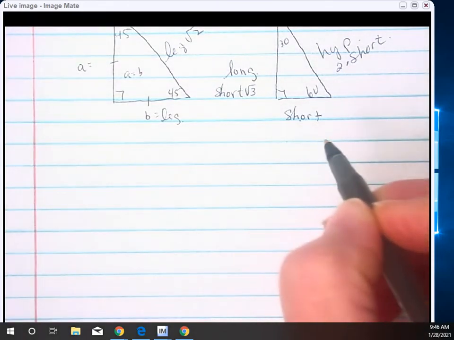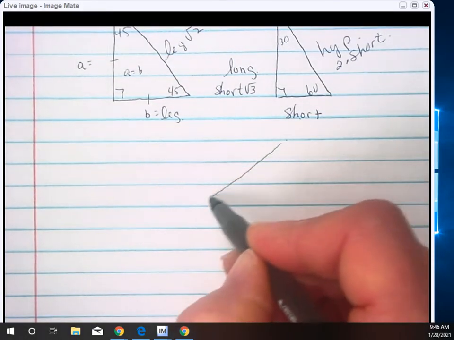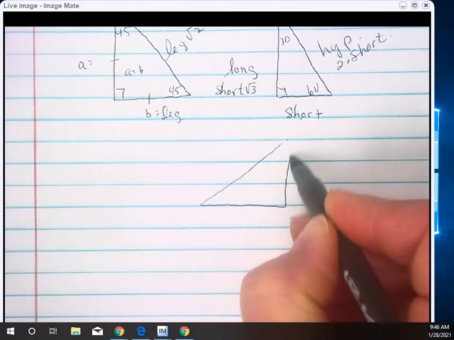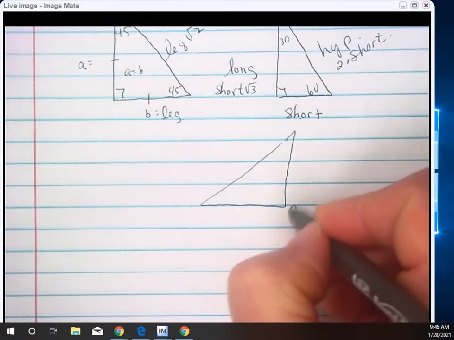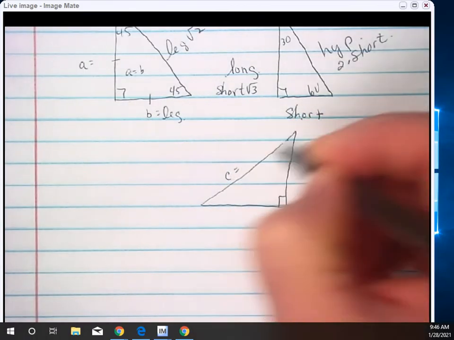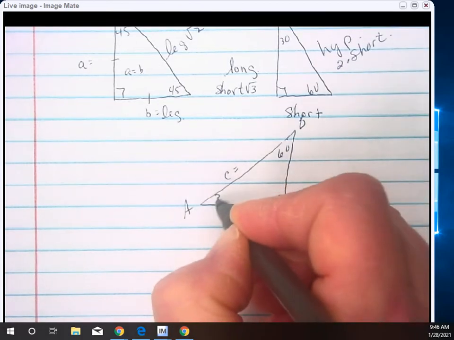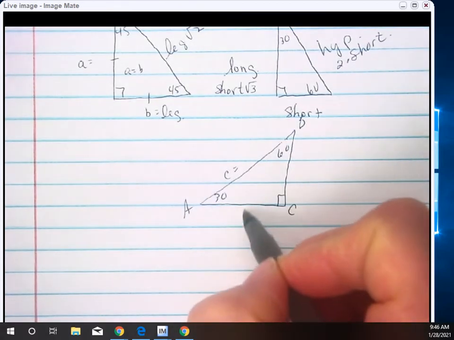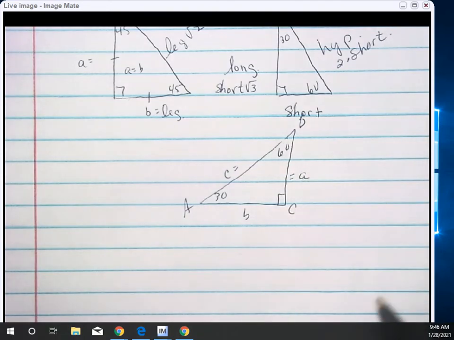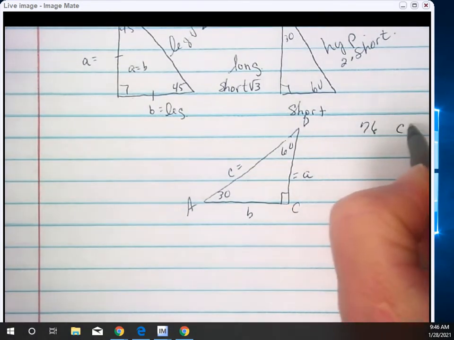So if I'm wanting to do a problem from 73 to 78, and I have c, which in 73 to 78, when you look at it, they've drawn their triangle backwards from the way I have mine, but C is the right angle, lowercase c is opposite it, B is the 60-degree angle, A is the 30-degree angle. And all we know on 76 is that c is 9.